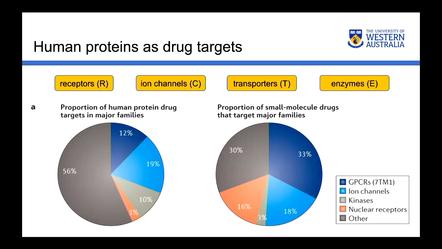So receptors collectively are important drug targets, and that's why next week you learn about GPCRs, because they represent an important class of receptors that act as drug targets. But that's the take-home message from this slide, just to know again the 4 groups of proteins as drug targets, and also the importance of receptors, which will be the focus of the second part of this lecture.